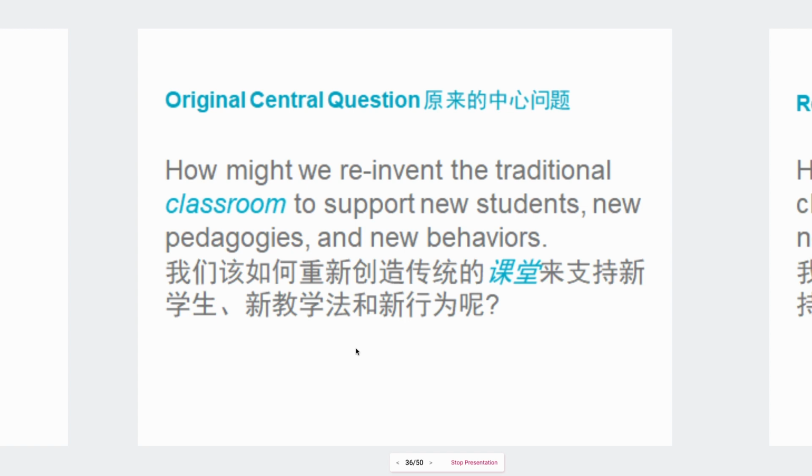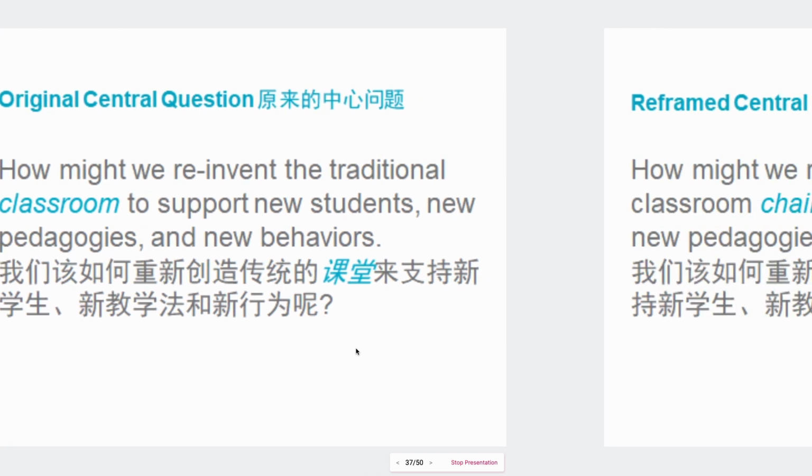Actually, in China, the classroom hasn't changed for many years. The chair is fixed on the floor, and the way is just fixed. So how might we reinvent the traditional classroom is very important to bring creativity, to change the learning style of the children, okay?